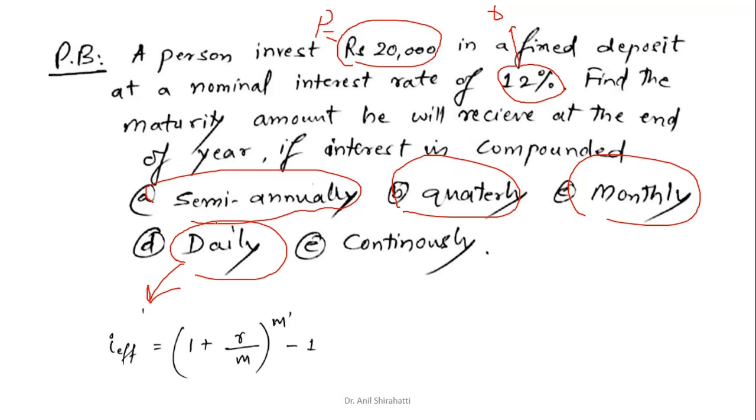For semi-annually, m is 2. For quarterly, it becomes 4 quarters, that means 4. Monthly, 12 months, 12. Daily, assuming not a leap year, 365. Once you find I effective for all the cases, using your future sum formula, that is P into 1 plus I effective raised to n, you can calculate the future sum in all the four cases.